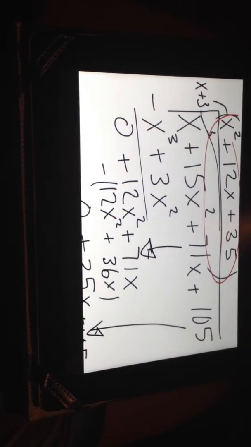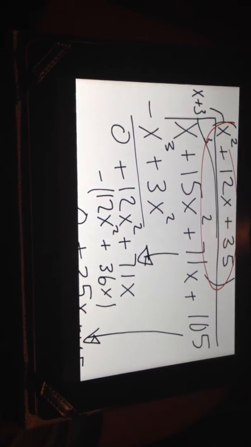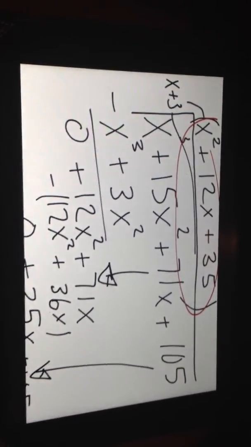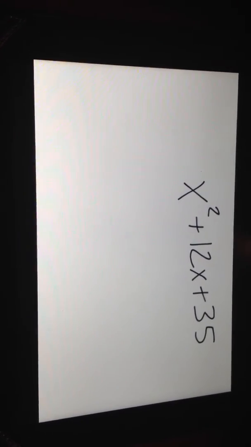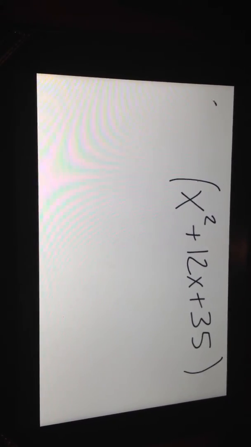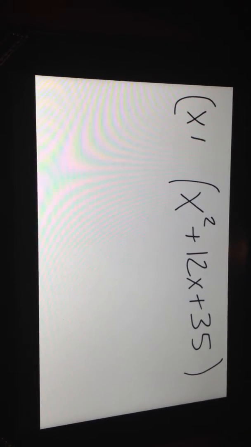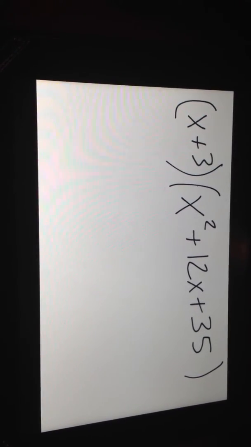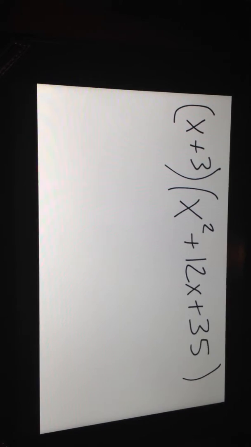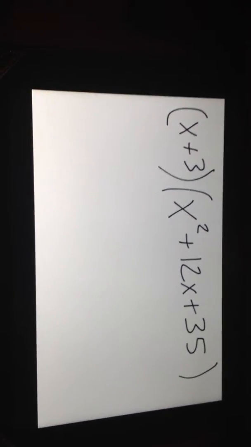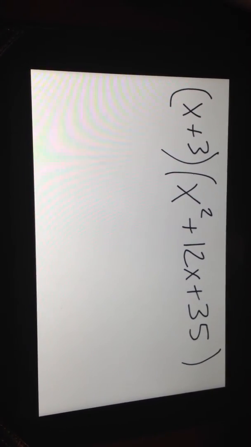But that's not completely factored yet, so let's pull that one out and factor it again. And as I mentioned before, don't forget to put the other solution that we used to get this next to it, because that's part of the solution. We know that x plus 3 is one of the x-intercepts, so that's one of the solutions for this problem.